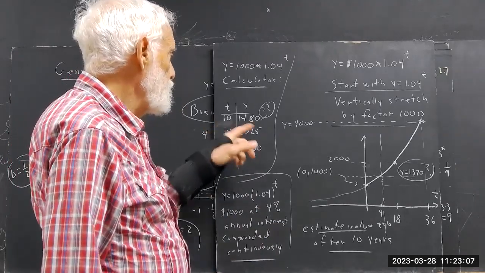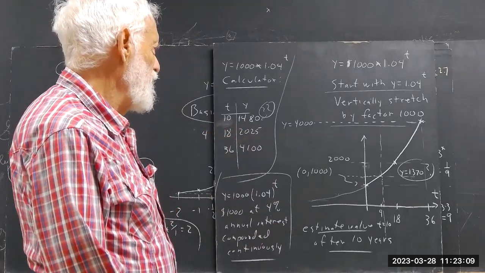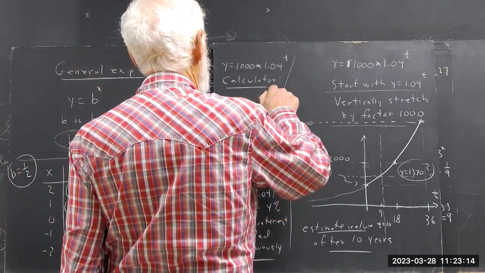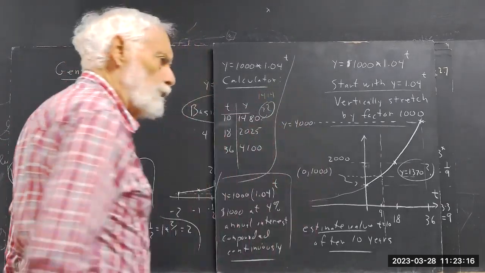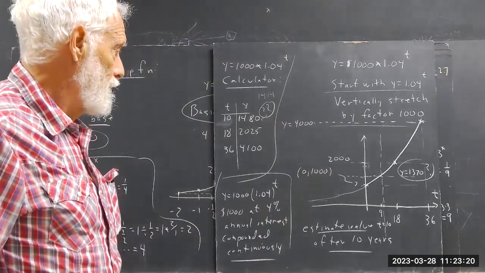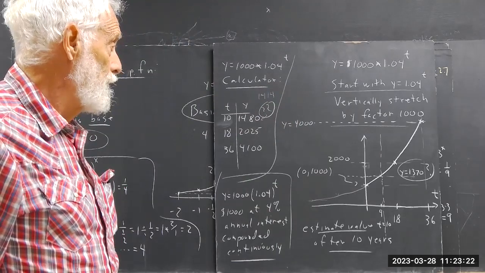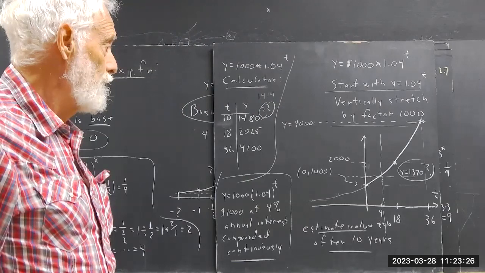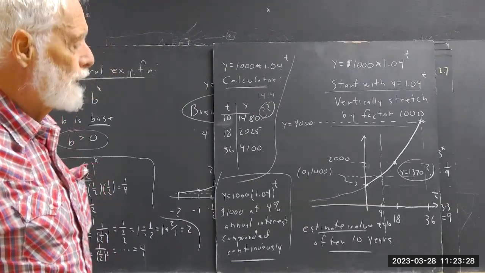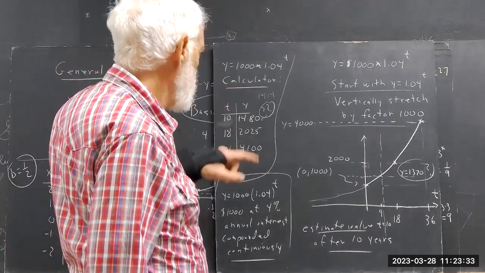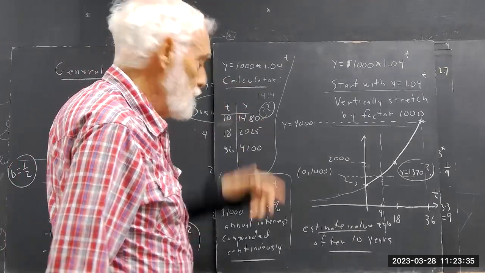And then at t equals 10, I got 1480. I think that should have been 1414. Actually, no, I thought it should have been closer to 1414. 1480 might well be right.